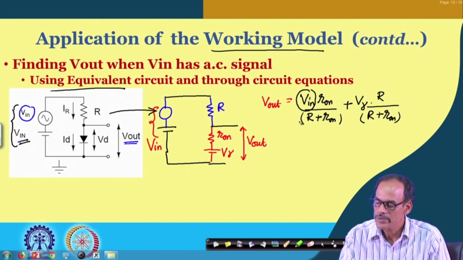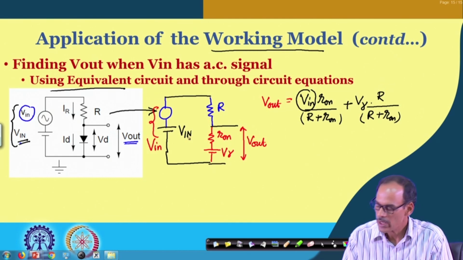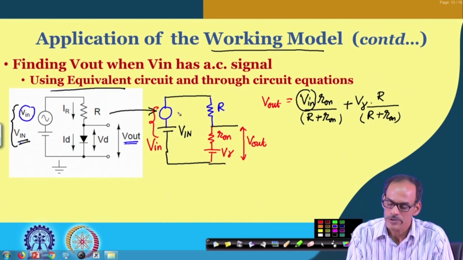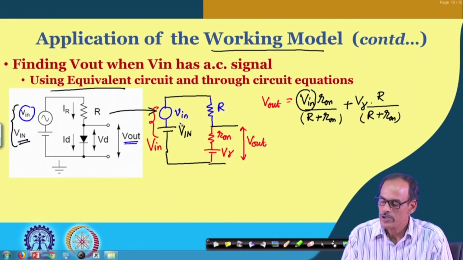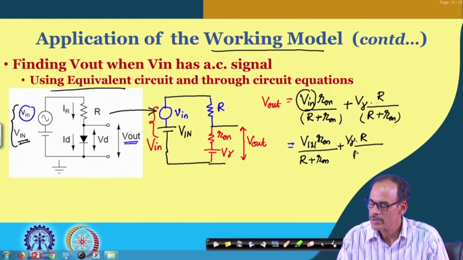So if I rewrite this portion in terms of capital V in and then a small signal part, small v in, what we will be getting is V in R on divided by R plus R on plus V gamma into R divided by R plus R on.